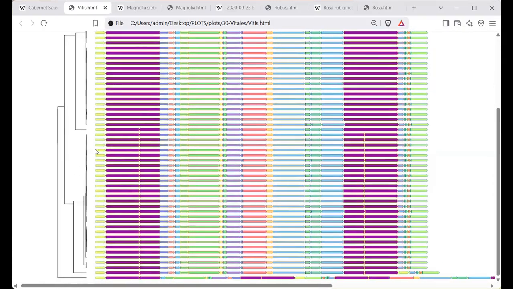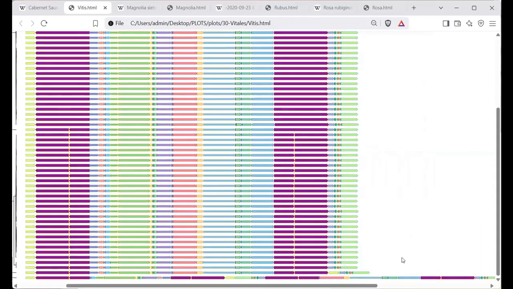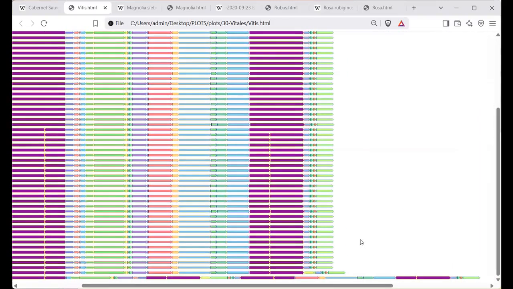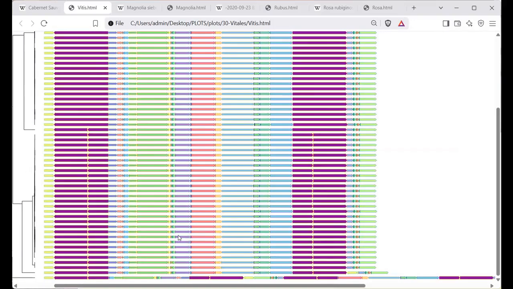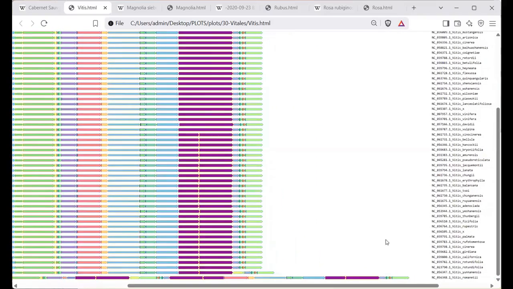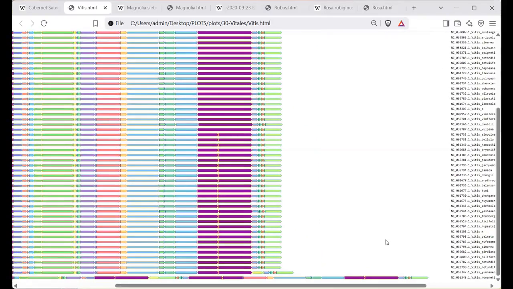If you go down, there is one sequence that appears to be unusually long, but I think that is an error, some kind of sequencing error or something that happened with this particular sequence. So that should be removed. I didn't do it just to show you the kind of errors we often get.